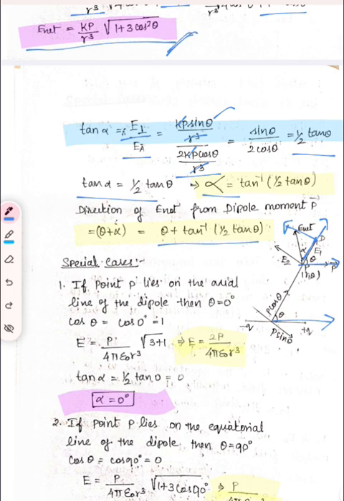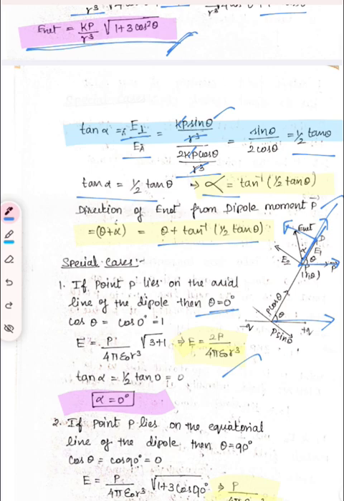From this, how do we calculate the electric field intensity along the axial line and the equatorial line? Along the axial line, we know the angle between the electric field intensity and the dipole moment is 0 degree. So when we substitute 0 degree in this formula, we get the electric field intensity along the axial line, that is 2p divided by 4 pi epsilon naught r cube.